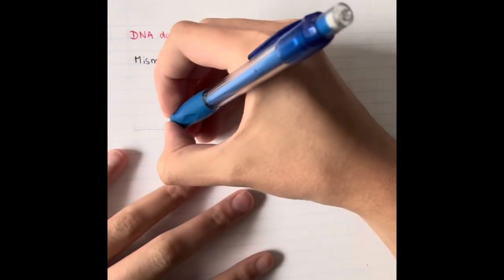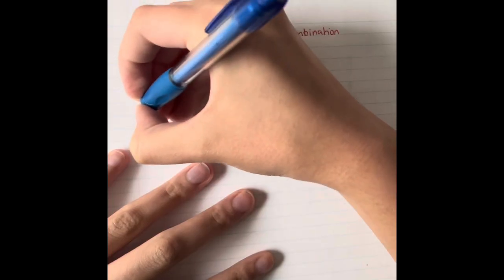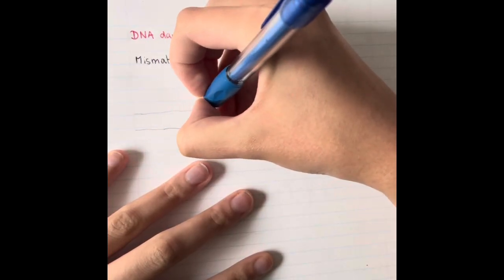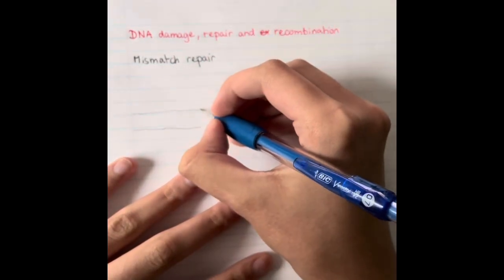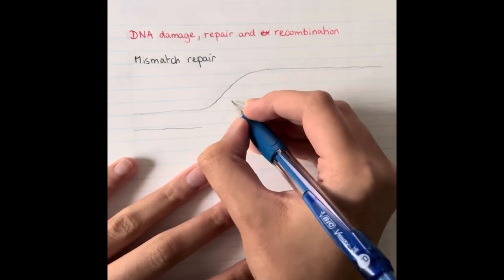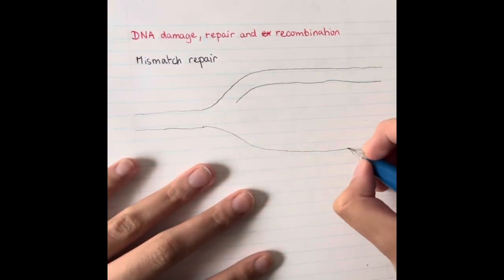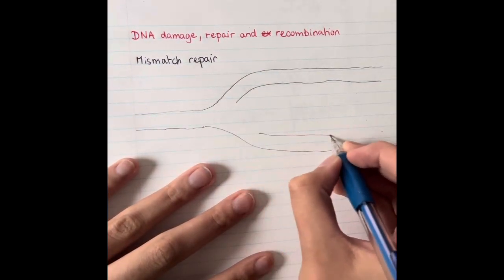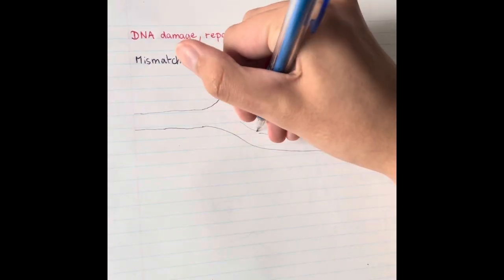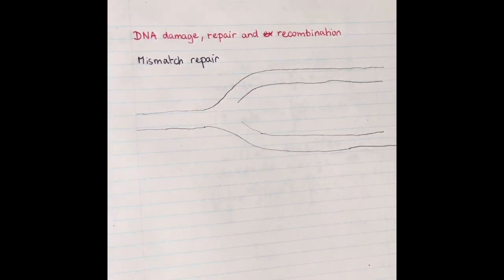Okay, let's review mismatch repair because the figure in the book is kind of complicated to understand. Excuse my squiggly lines. Okay, so this is a strand of DNA that is being replicated.